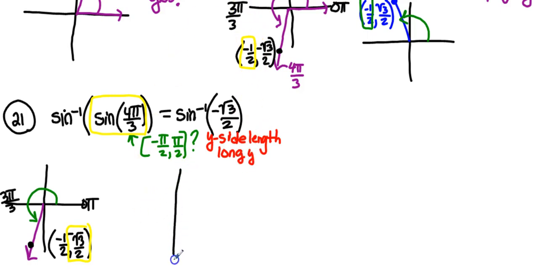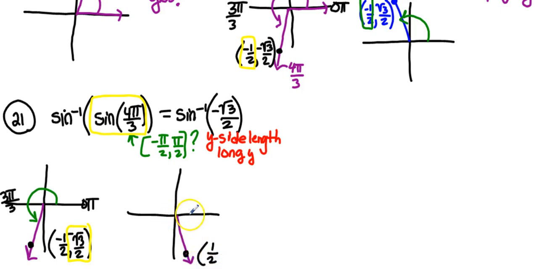So let's see if we can find the angle that is in either quadrant 1 or 4, because that's where the range of inverse sine is. If y is negative, that would be going down for a side length. So my ordered pair there is 1/2.